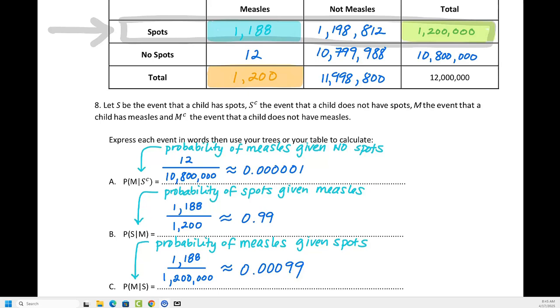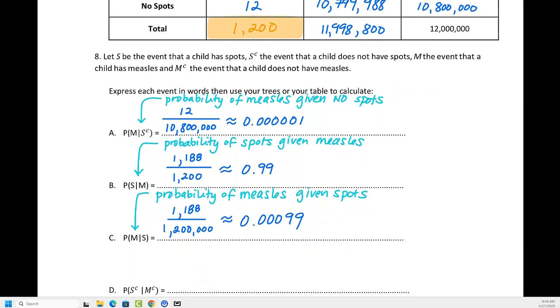So if we have someone that has spots in front of us, the probability that it's measles is all the way down there, right? It's less than a tenth of a percent, just under a tenth of a percent. That's really small, isn't it? Okay, let's take a look at the last one.